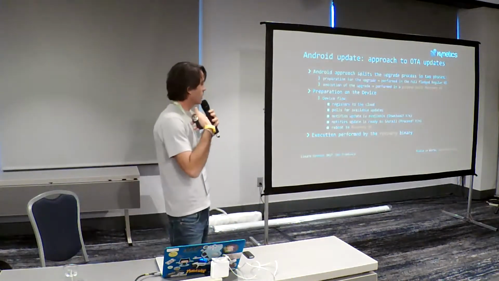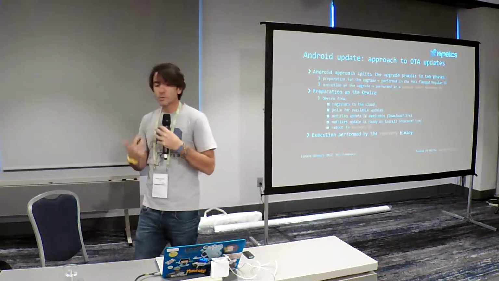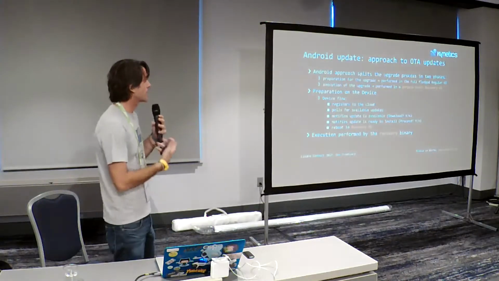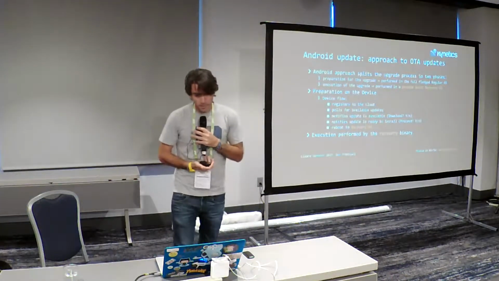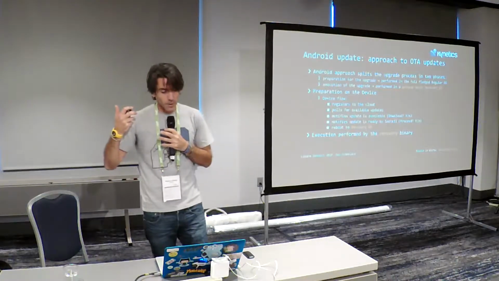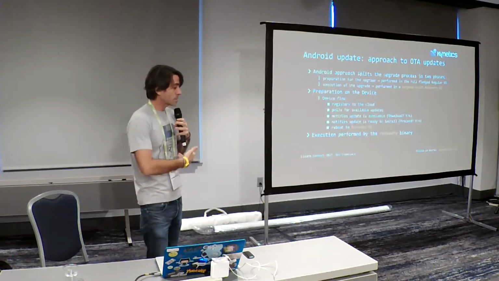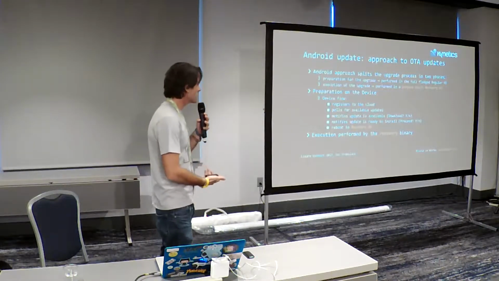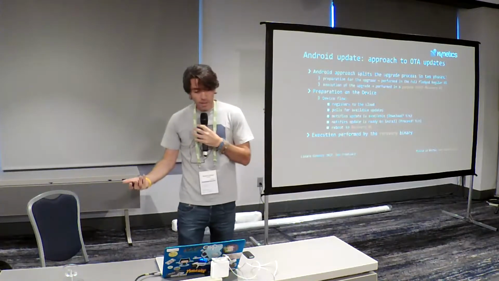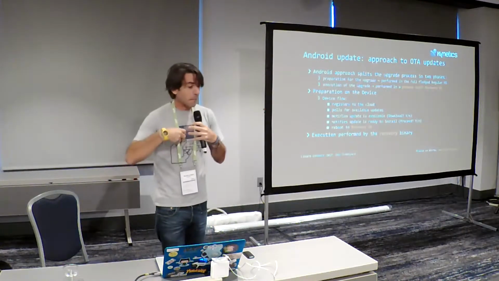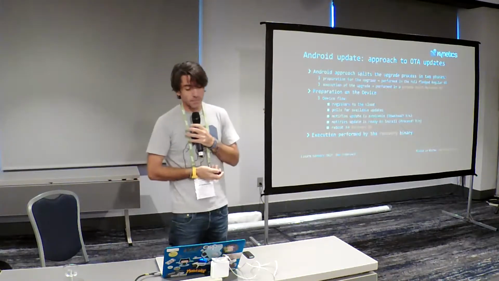Okay, so remember that what we want to accomplish is a unified strategy between Android and Linux. So what do Android updates look like? What we do is the preparation, which actually happens on the regular operating system. Then we execute the upgrade in a purpose-built recovery OS.